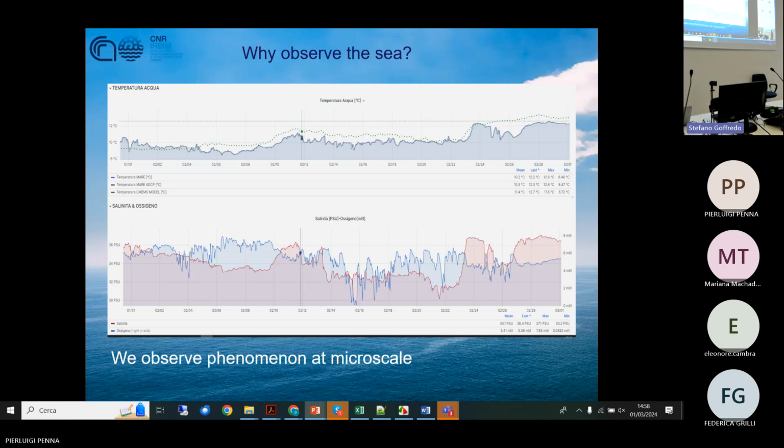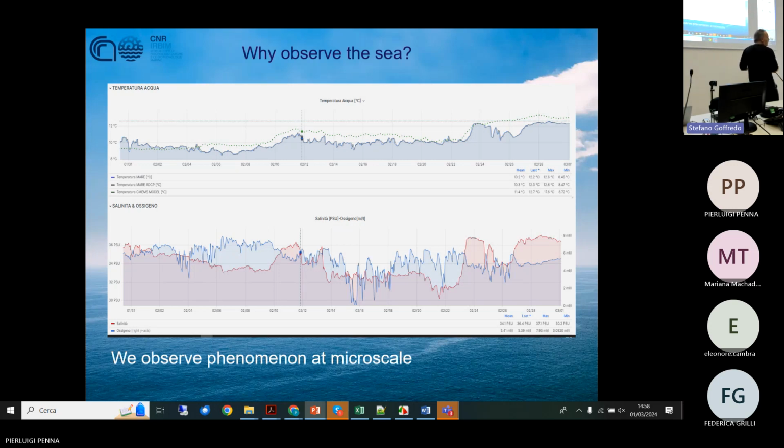Mine is the model. Yes, and the others are the actual data. And the blue line is the temperature data measured at about 2 meters under the surface. So just to show a comparison between model results and in situ data.